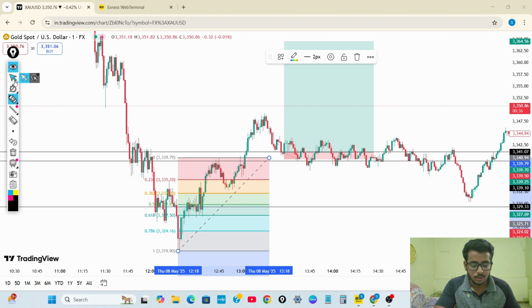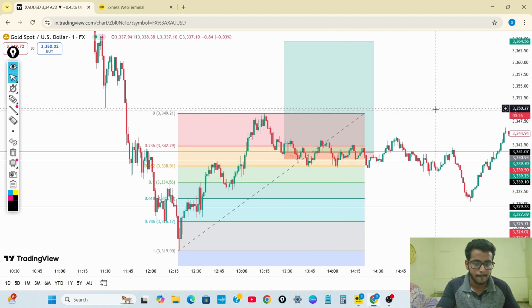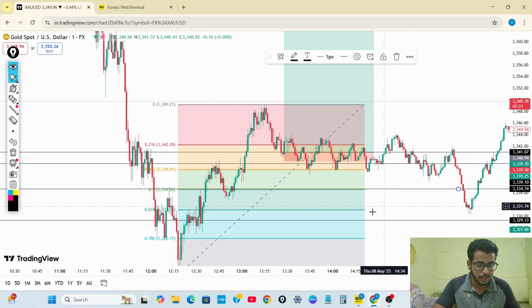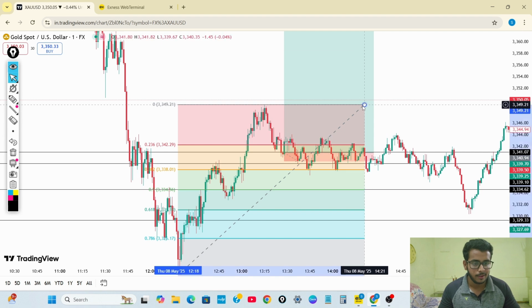So I saw that there was no proper retracement, and I still drew a wrong fib level and entered the trade. After that, as I drew the fib level from this point, these were my fib levels, and I was sure that if the market comes here, it can definitely go in our favor.